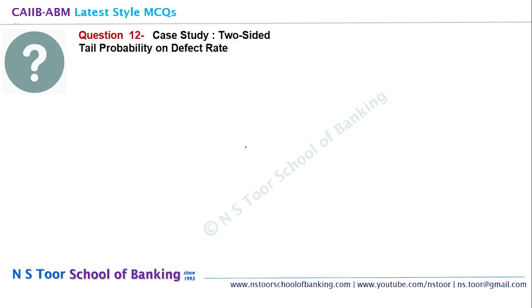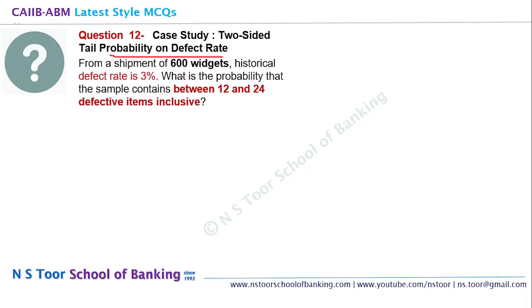Next question. Two-sided tail probability on defect rate. Let us read the question first. From a shipment of 600 widgets, the historical defect rate is 3%. It means the normal defect rate is 3%.